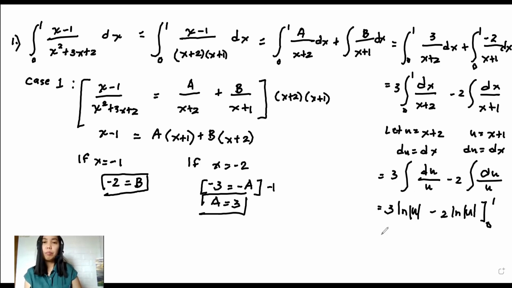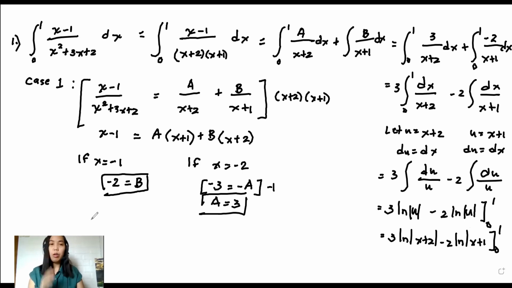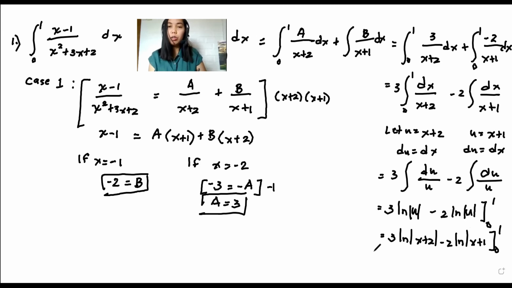So we have 3 ln absolute value of x plus 2 minus 2 ln absolute value of x plus 1, from 0 to 1. Then we're going to apply the fundamental theorem of calculus. We will have 1 plus 2, it's 3, so we will have 3 ln 3. And then 1 plus 1, it's 2.